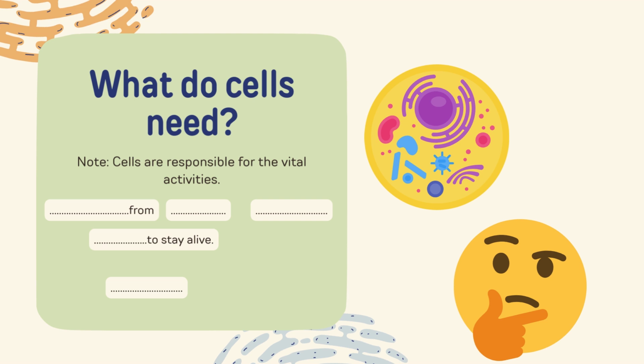Also, it needs water to stay alive. And also, cells need to get rid of waste materials, as when the cells do these functions, there are waste materials that the cell needs to get rid of.